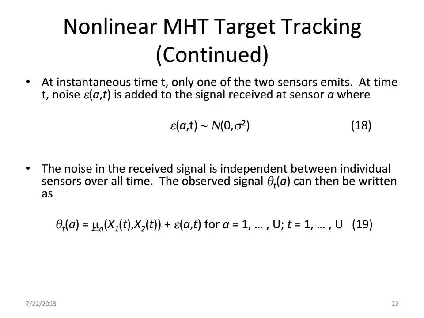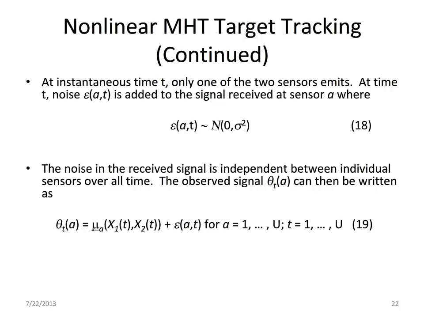The signal strength seen at an individual sensor is specific to that sensor. There's no corruption, no signal overlaps. So we assume that in free space the sensor can receive all the information that's signal. Again, that's a simplifying assumption, not true typically in reality. At an instantaneous time t, or we could say dt, only one of the 2 targets emits.